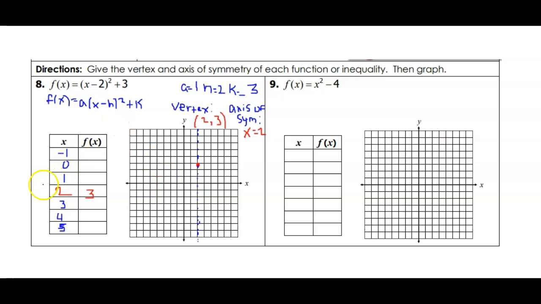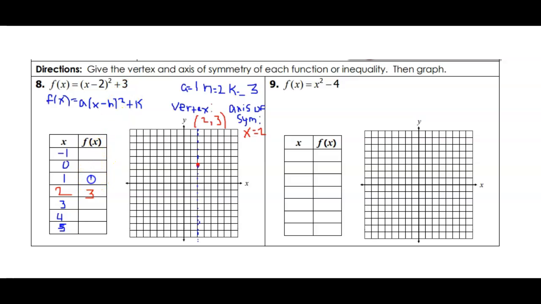So if I plug a 1 into this function, and I'm just going to do this in my head, 1 minus 2 is going to give me a negative 1. A negative 1 squared is 1, and 1 plus 3 is 4.